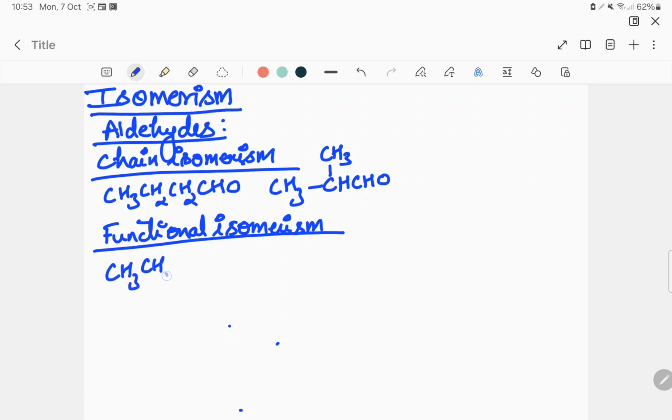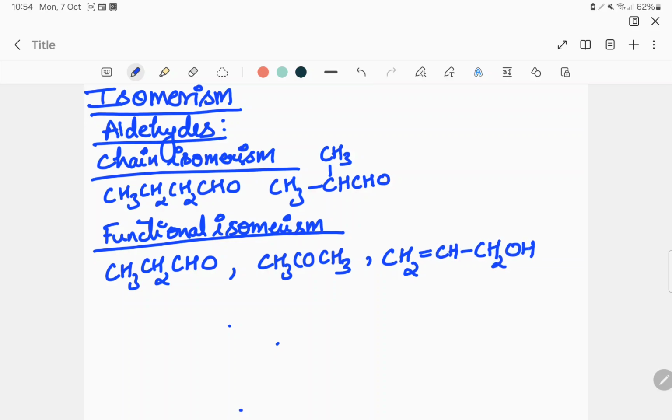If we have CH3, CH2, CHO and CH2OH, they have the same molecular formula but different functional groups.